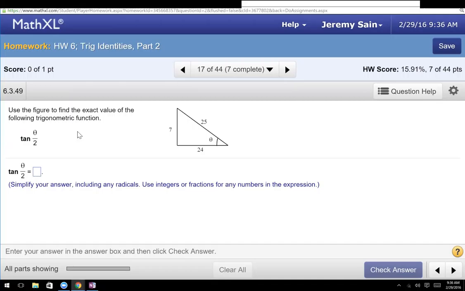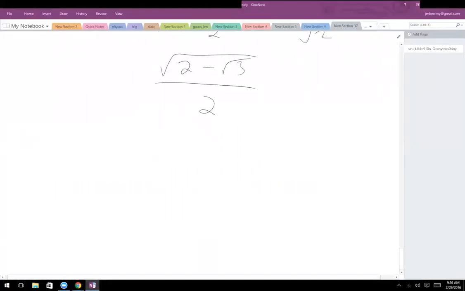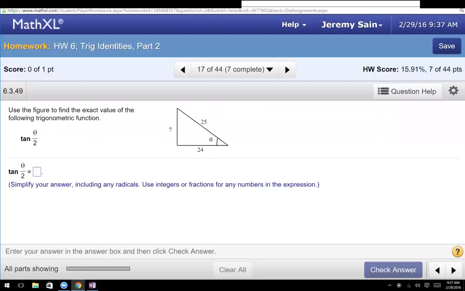So let's go 1 minus cosine over sine. Why not? They're all basically the same. So tangent theta over 2 is 1 minus cosine theta over sine theta. And in our picture, I'll try to make the bottom longer for Alana's sake. 7, 24, 25. And where was the theta in that corner?